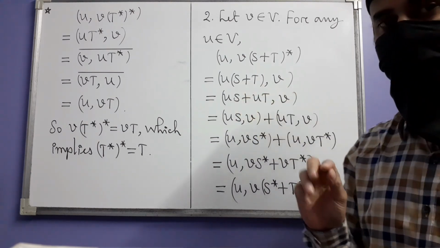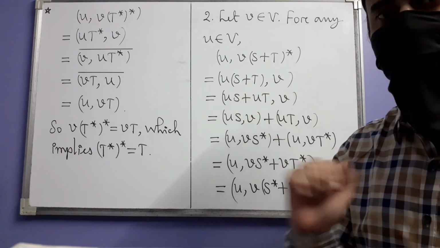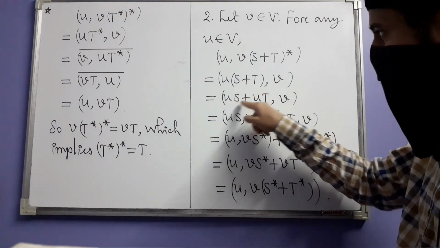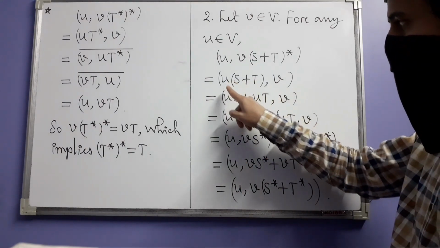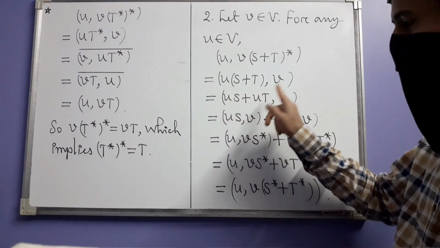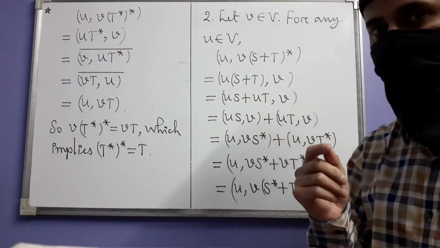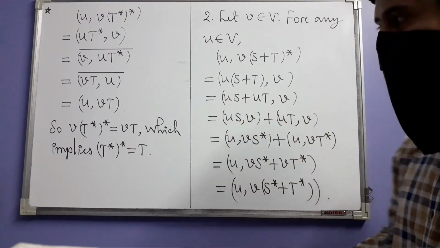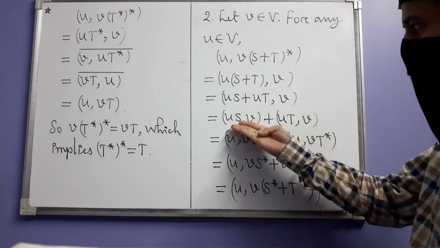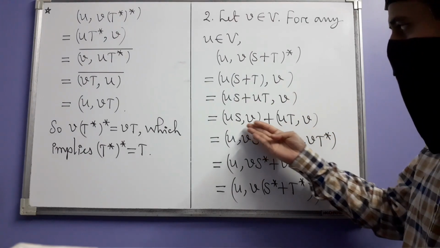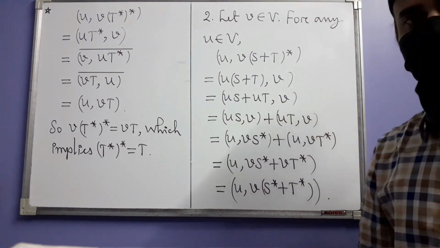Here we applied the definition of addition of two operators. This is what S plus T means. When you apply it on a vector u, it means us plus ut, the sum of the two vectors us and ut, comma v. But then by linearity, that becomes equal to this, us comma v plus ut comma v.